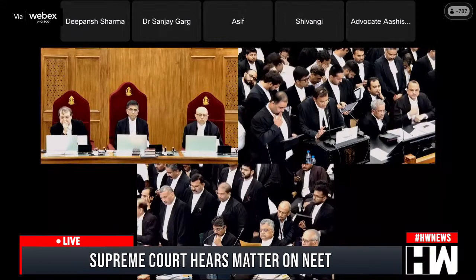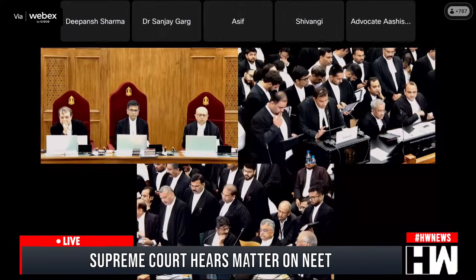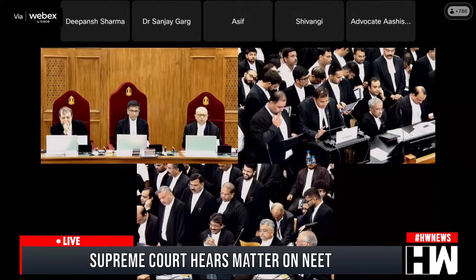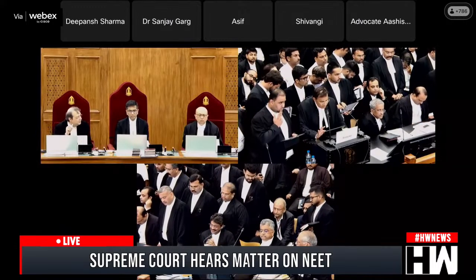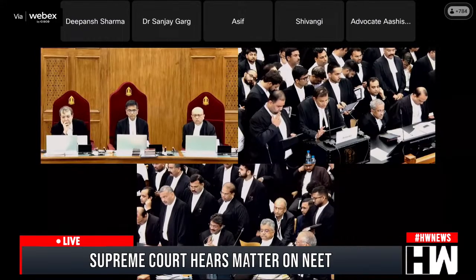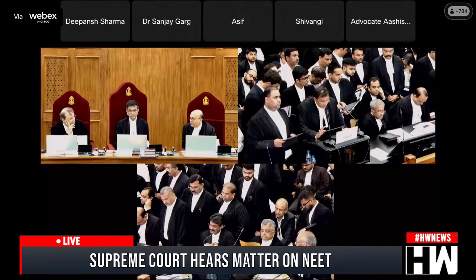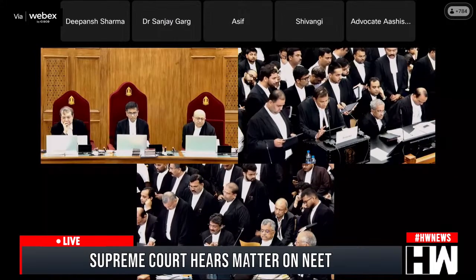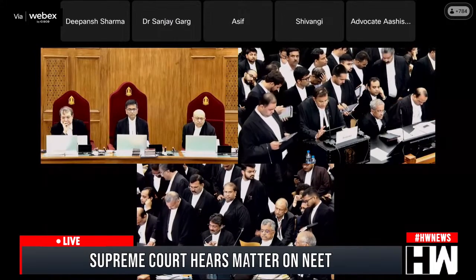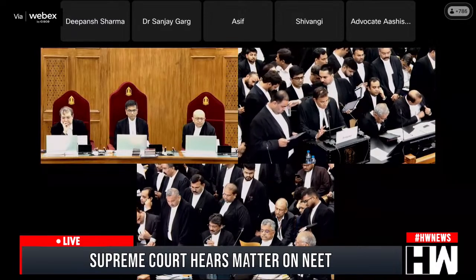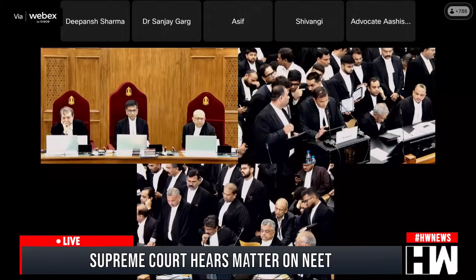CBI sources said that at the school, the aluminum box was tampered with and the packet containing the question paper was removed. A glue stick was used to reseal the package containing the question paper. The Economic Offences Unit, which had been investigating the case before it was handed over to the CBI, also corroborated these findings, according to the sources.